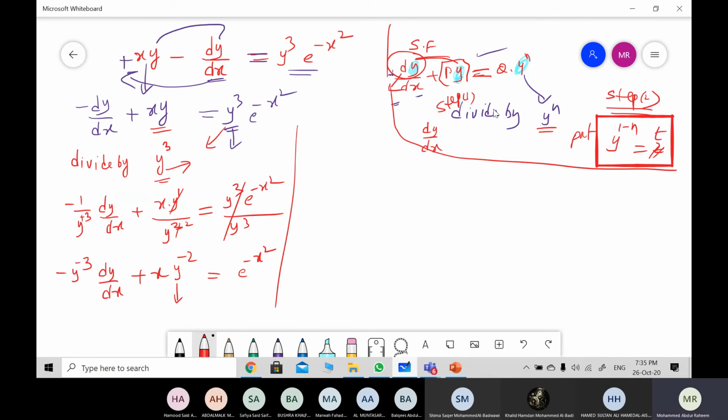This will be division, that is y up minus n, plus P y divided by y^n. Like this, and here this and this cancel. So y to the power minus n dy/dx plus P. How much is this?